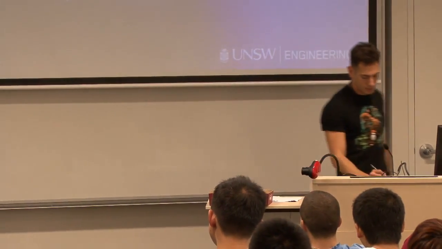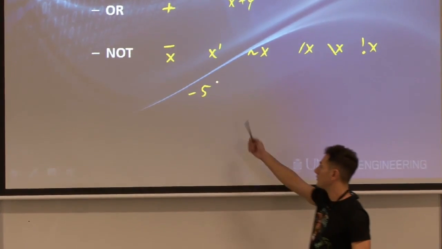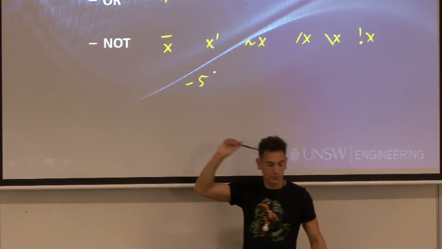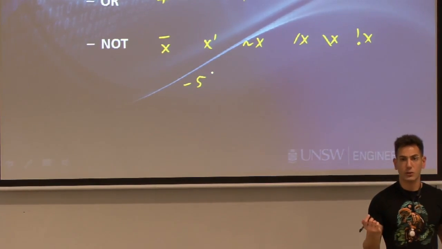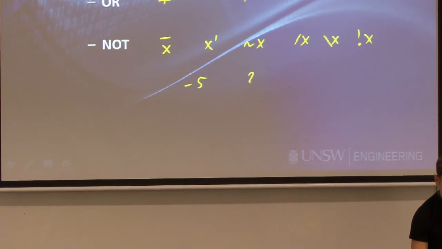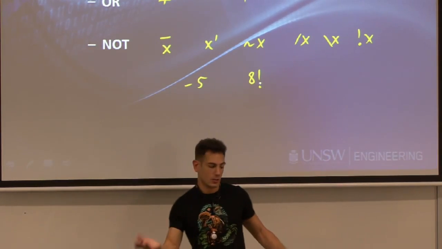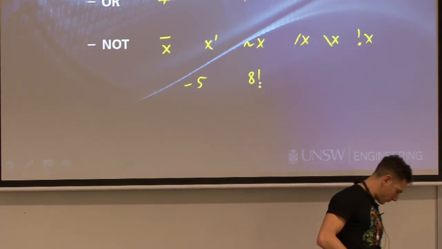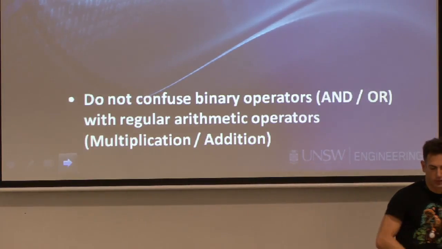So you might have things like minus 5. You know, the number minus 5 is really just 5 with a unary operation beforehand. Or the factorial operation, you know, 8 factorial, another unary operation. So we have both the and and the or as binary operations, not is a unary operation.